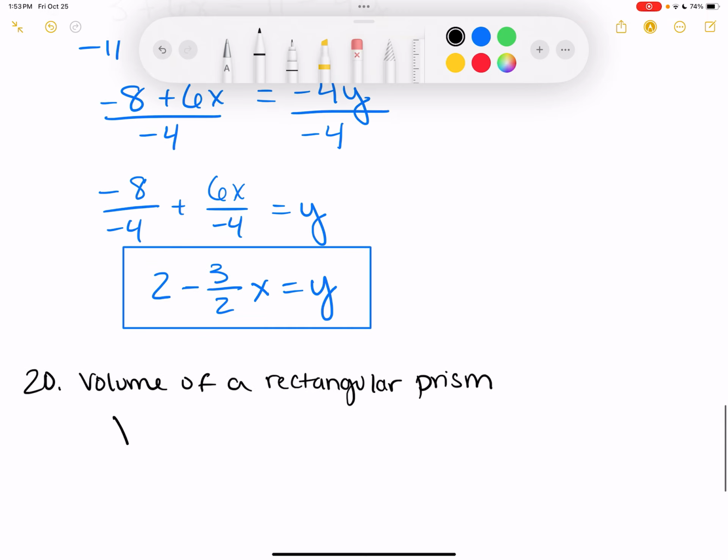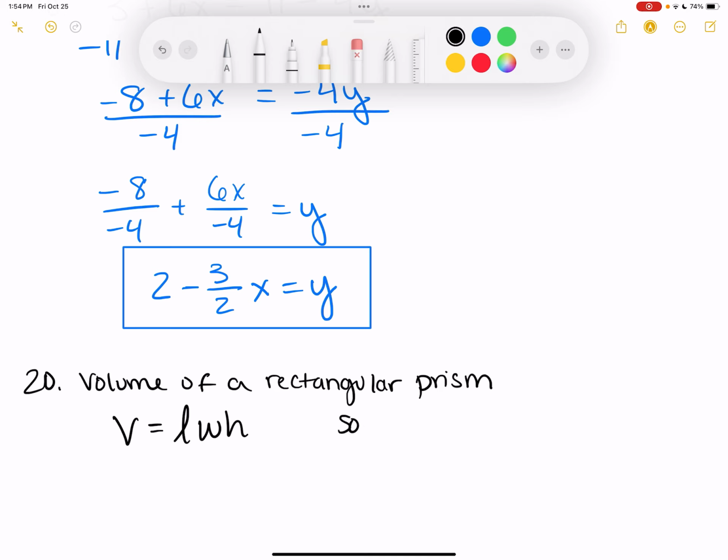And it's V equals L times W times H. A rectangular prism is just a box. Just a fancy way to say a box. Like a shoebox, tissue box, whatever. Volume is length times width times height. That's how you find volume.